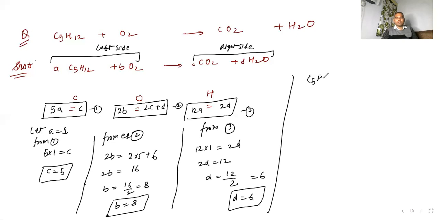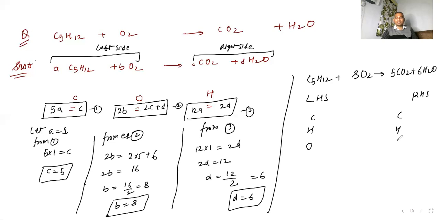So we get C5H12 plus 8O2 makes 5CO2 and 6H2O. Now we need to see whether the LHS and RHS are the same or not: carbon, hydrogen, oxygen.